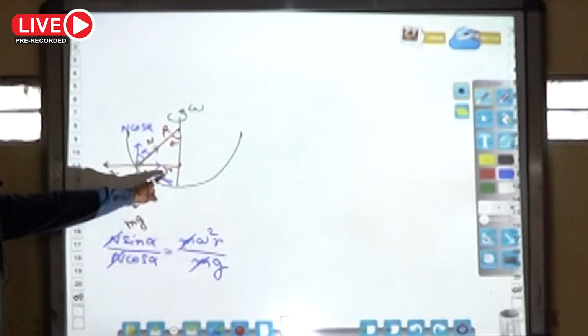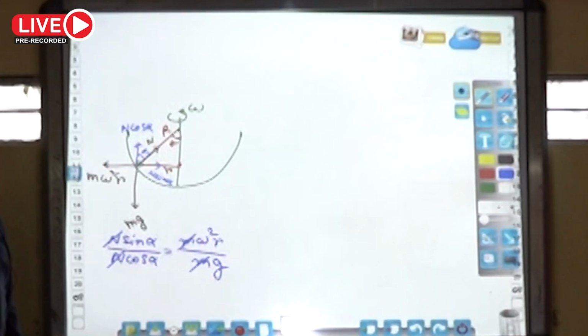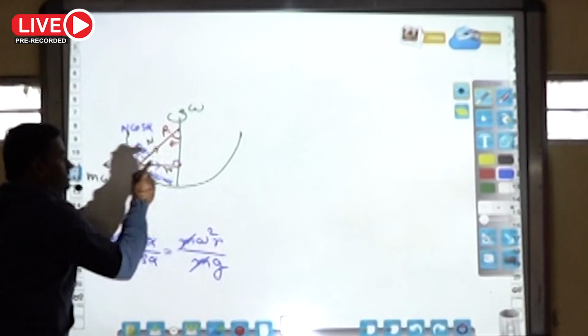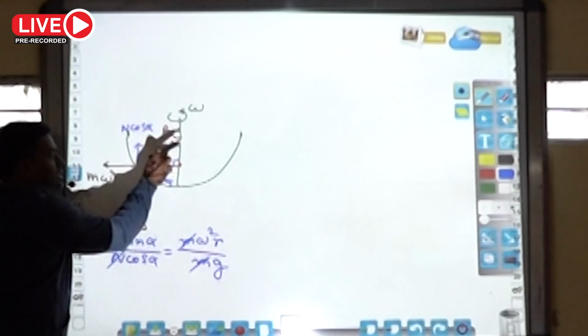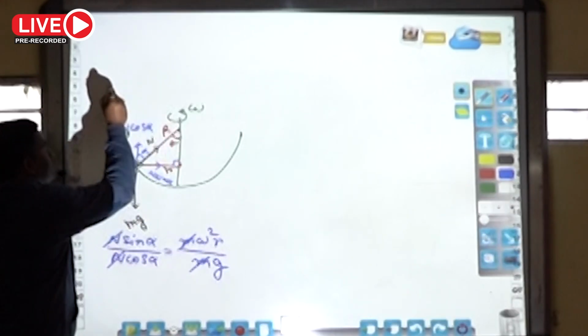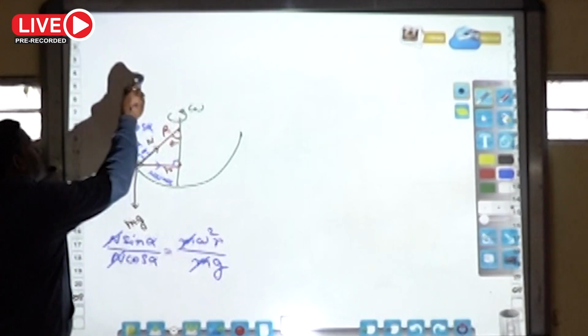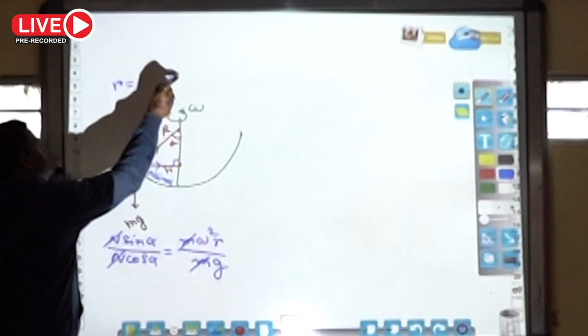Now what is the relation between small r and capital R? This angle is 90 degrees, so small r by capital R equals sin alpha, so small r equals capital R sin alpha.